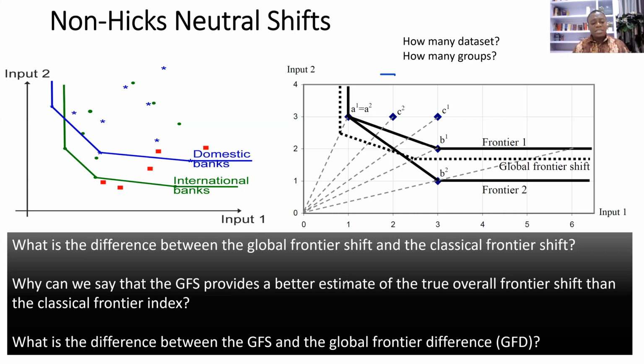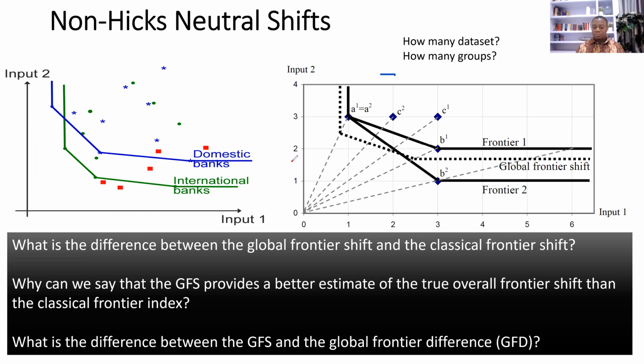Finally, what is the difference between the global frontier shift and the global frontier difference? Michael. Okay, so I think the global frontier shift is the shift in technology by considering all DMUs over all time periods, or all groups over all time periods.